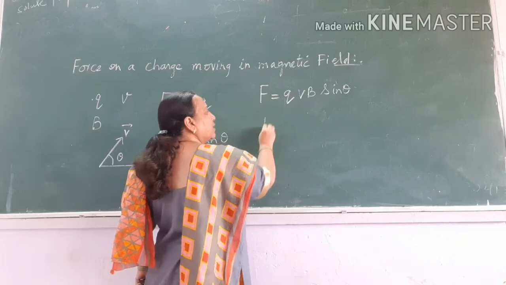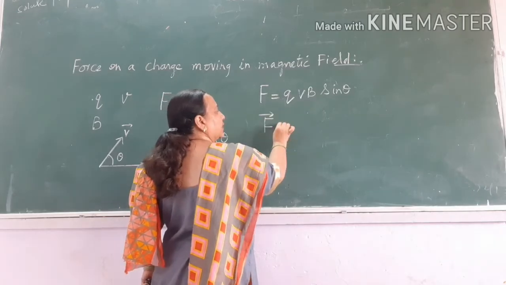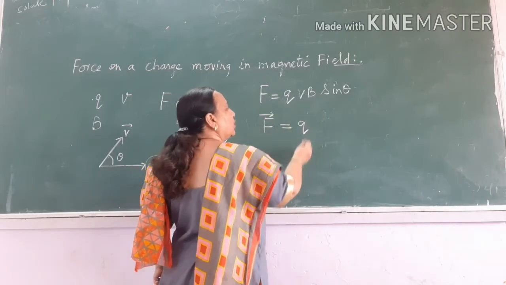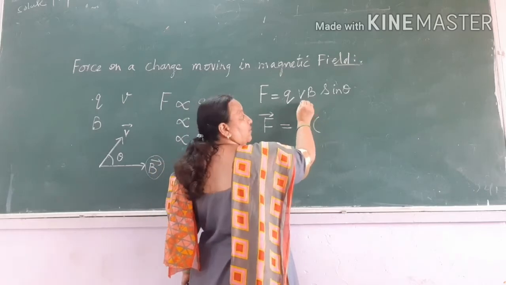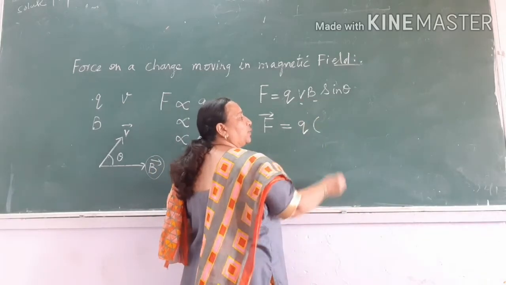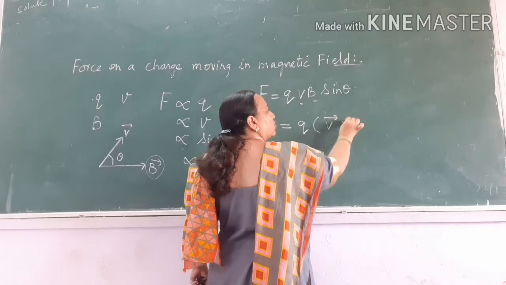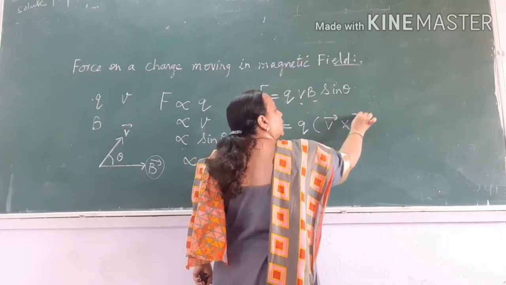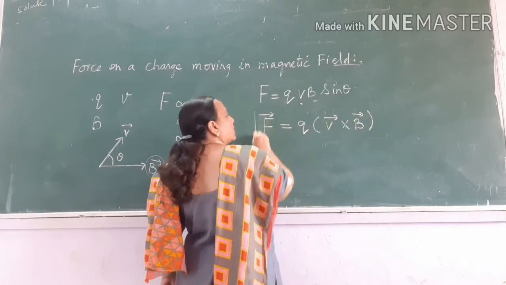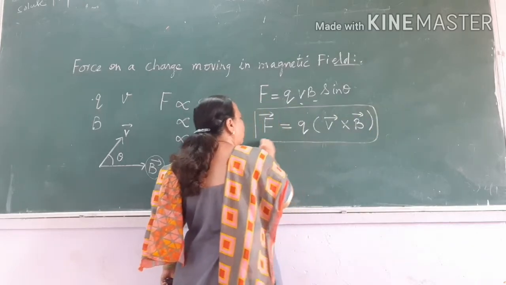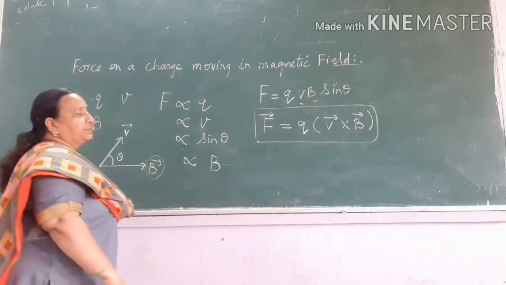Writing it in vector form, F vector is equal to Q into v cross B, where v is a vector quantity and B is also a vector quantity. This gives us the vector form of this magnetic force.